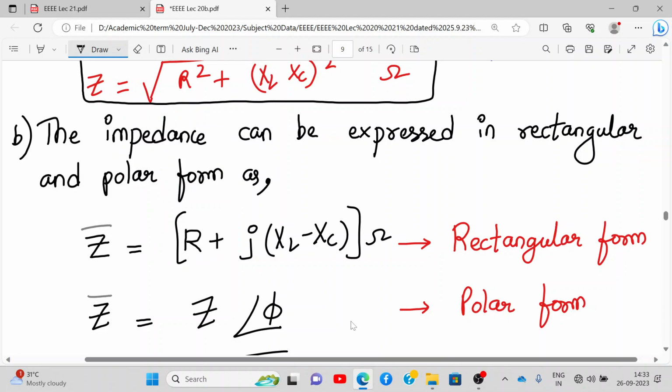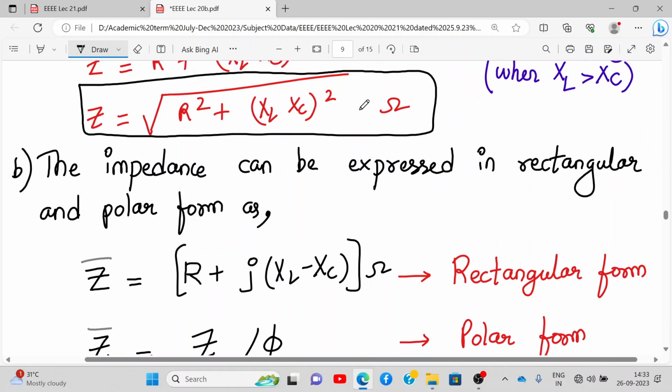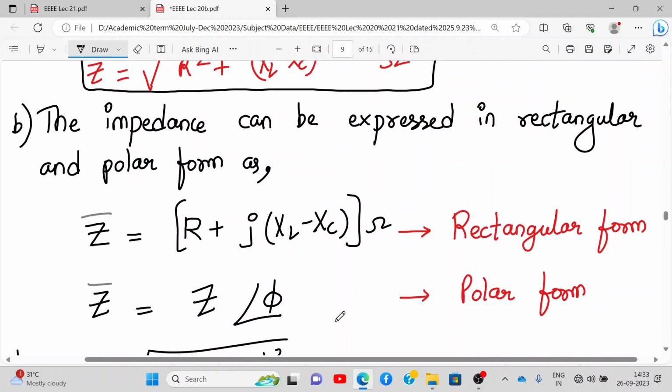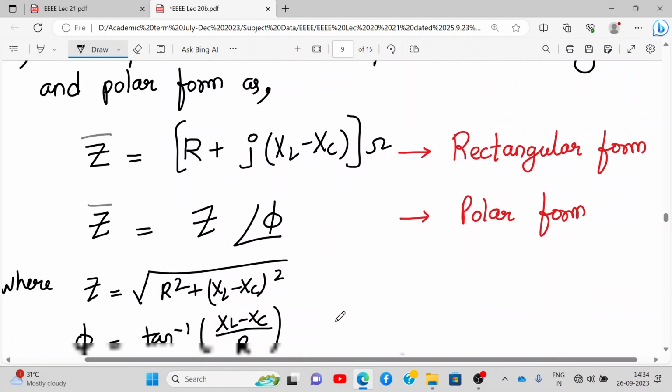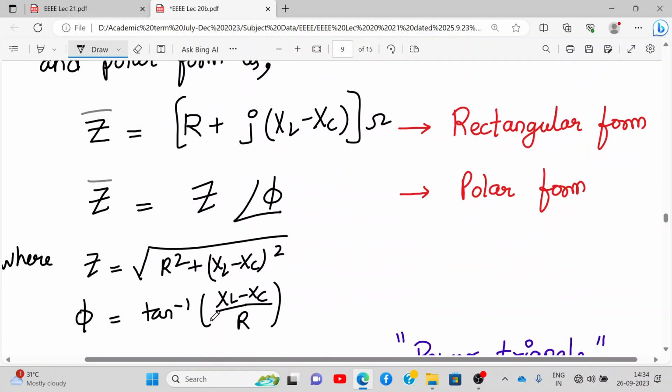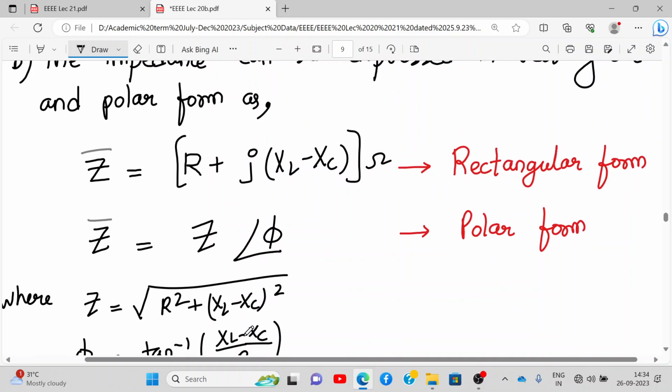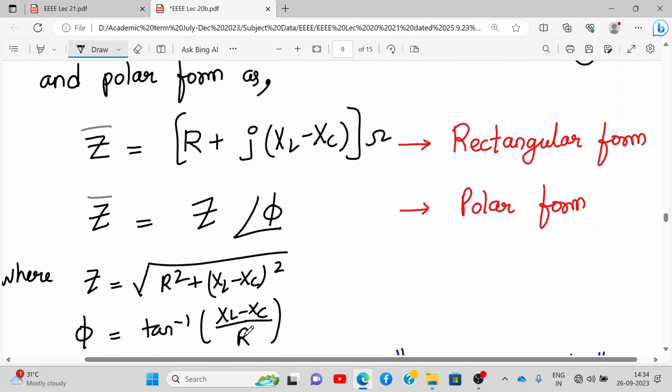And what is Z? Z will be given by this formula. And what will be phi? Tan inverse of XL minus XC upon R, which we calculated earlier. So please express impedance Z in polar and rectangular form.